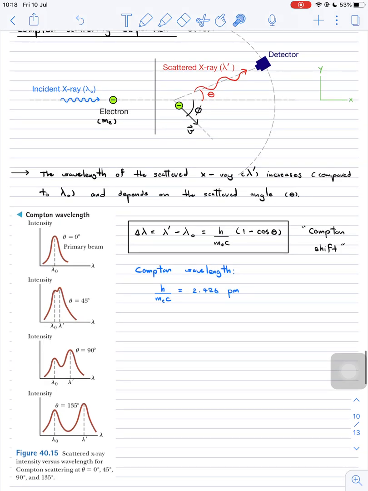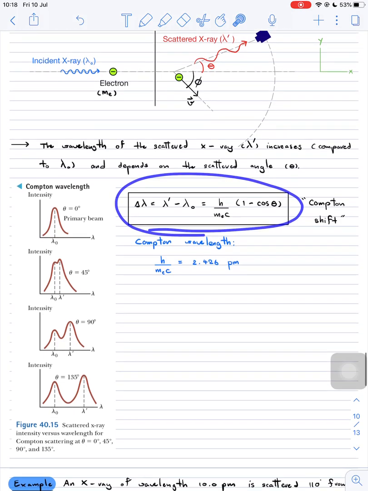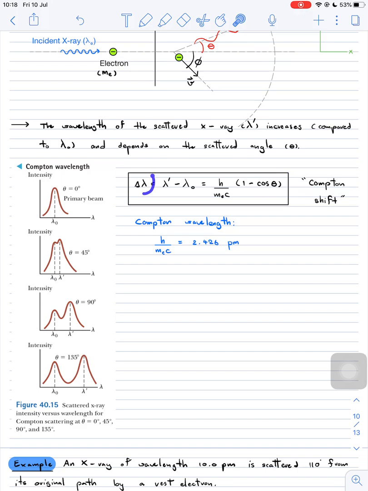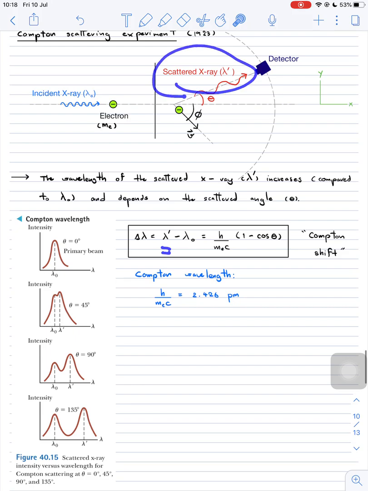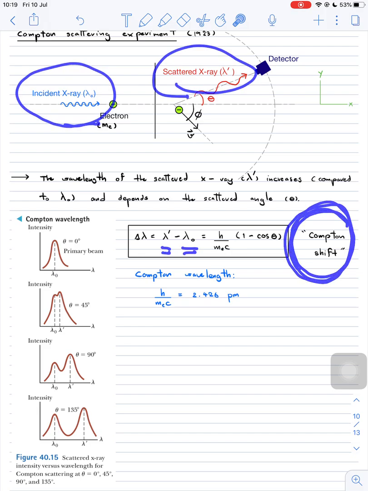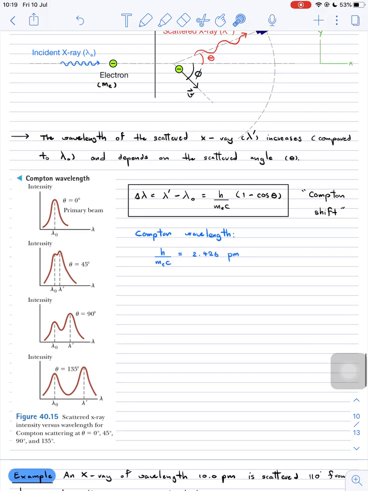Then he gets this equation: delta lambda equals lambda prime, the wavelength of the scattered X-ray, minus lambda naught, the wavelength of the incident X-ray. This is called the Compton shift. It is going to be equal to this constant, which is called the Compton wavelength, equal to 2.426 picometers.